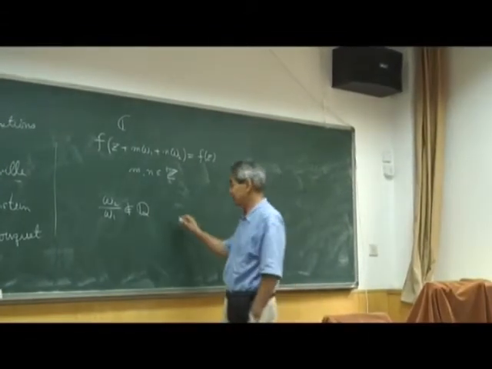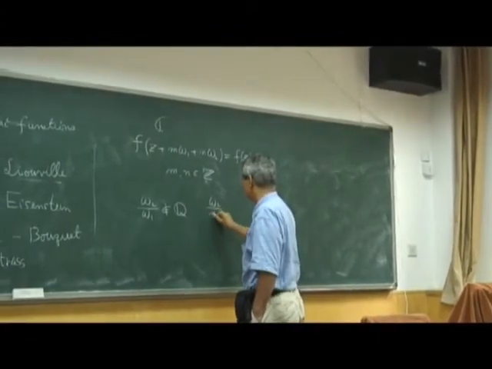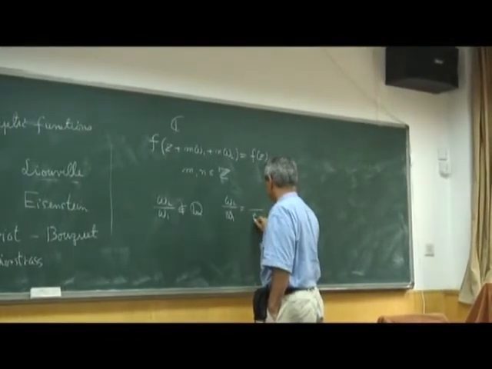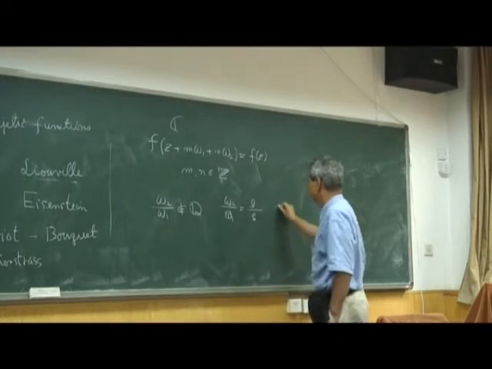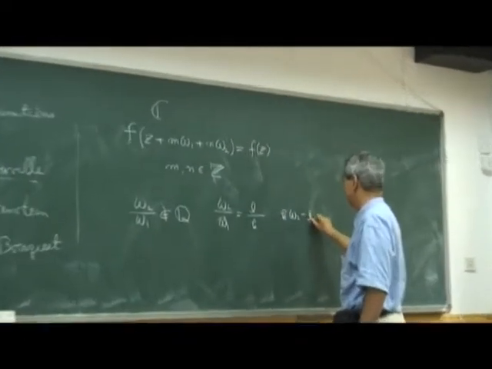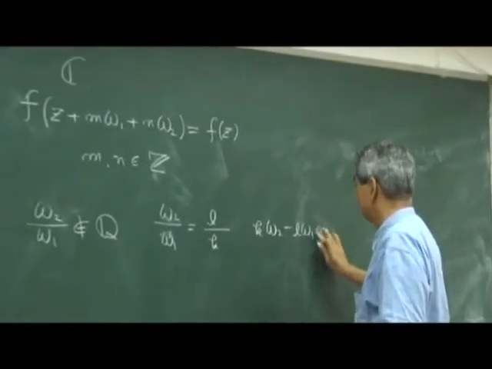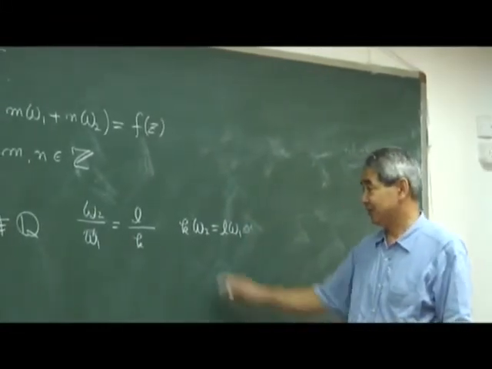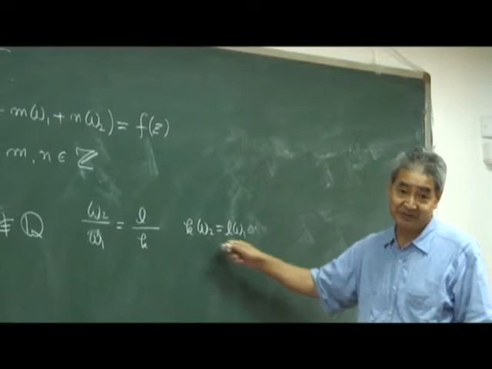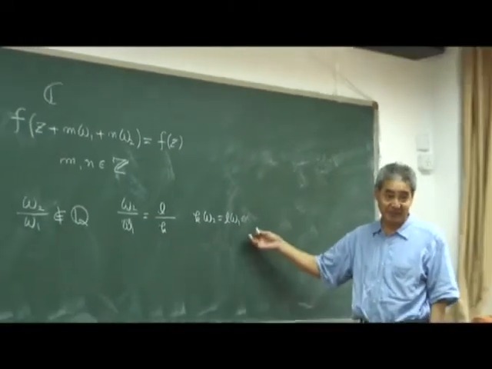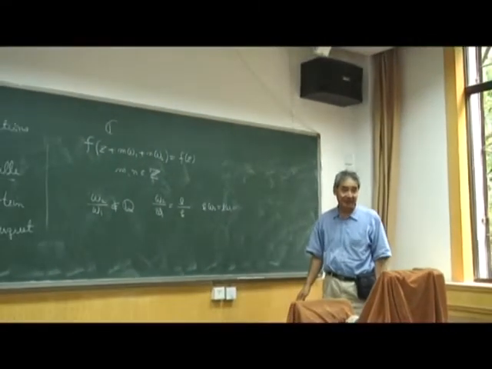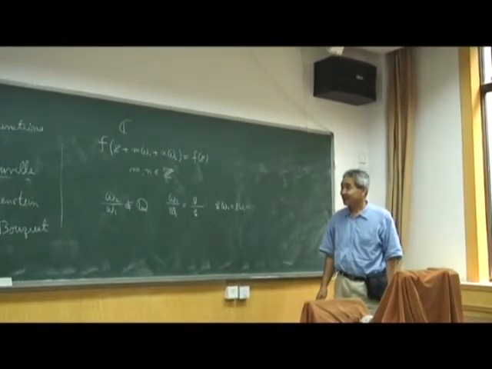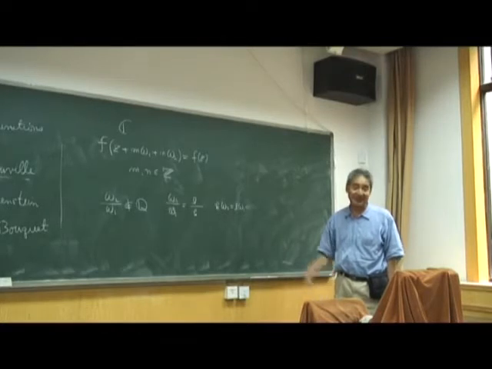Because if it were a rational number, then of course k omega 2 minus l omega 1 equals 0. So k times omega 2 is l times omega 1, so you can easily see that this will not be independent in a sense. Omega 2 over omega 1 is a certain complex number.